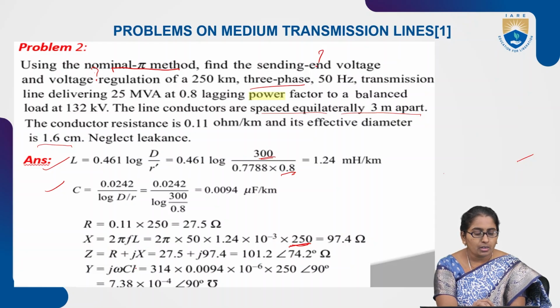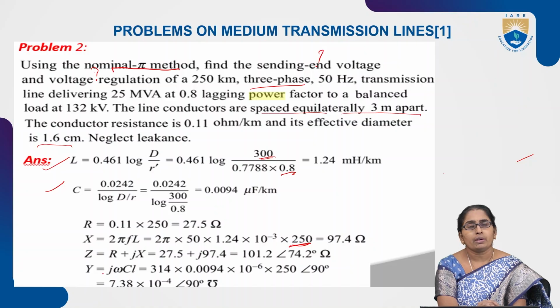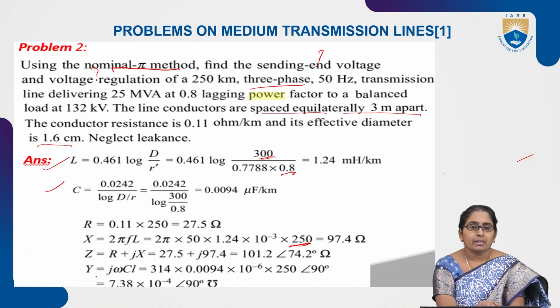Now calculating Y, the line admittance, because in the nominal-π method we require Y along with Z. Y is calculated based on the C value. So what is Y? J omega C, and with respect to the total length it becomes J omega C L. J omega is 2 pi f, right?